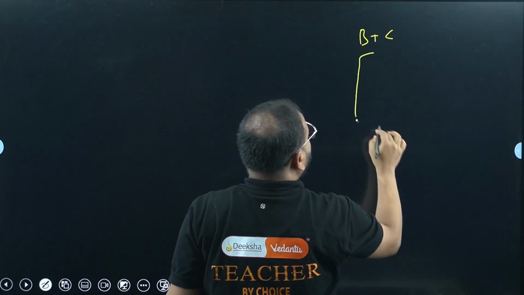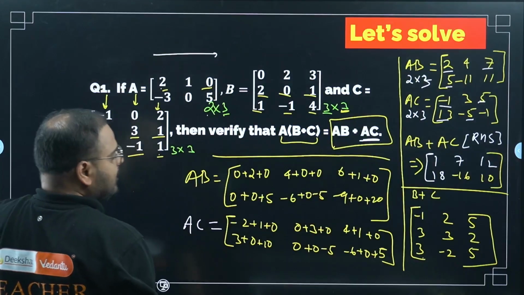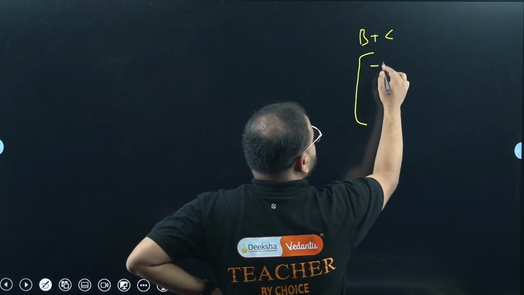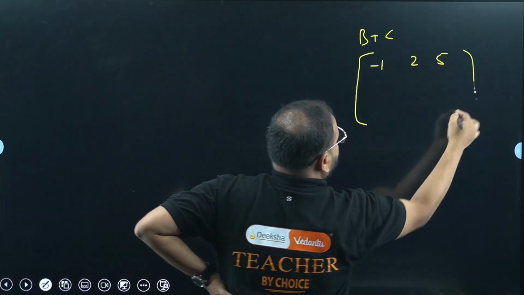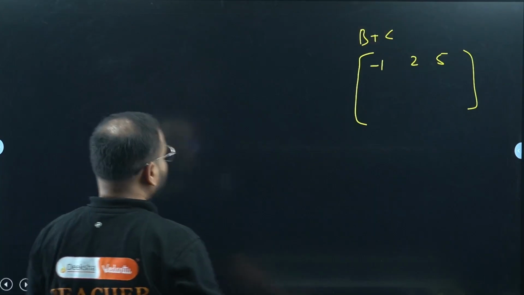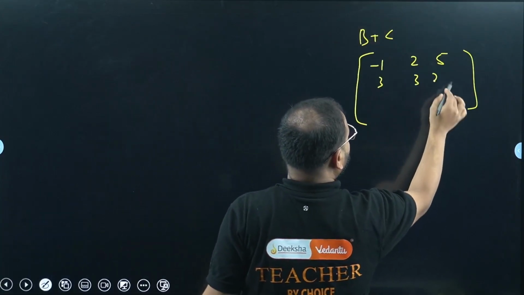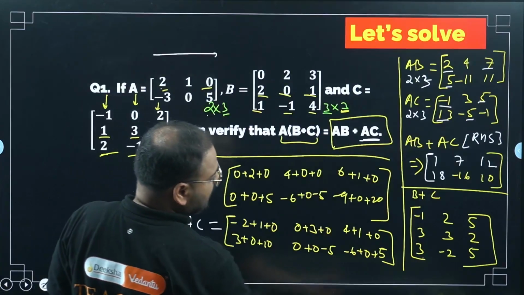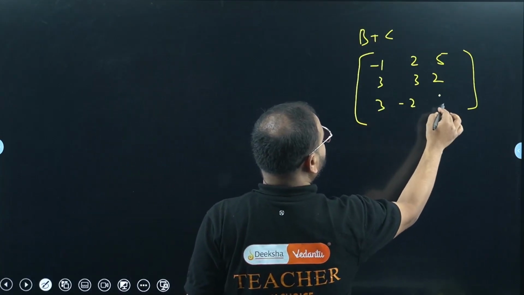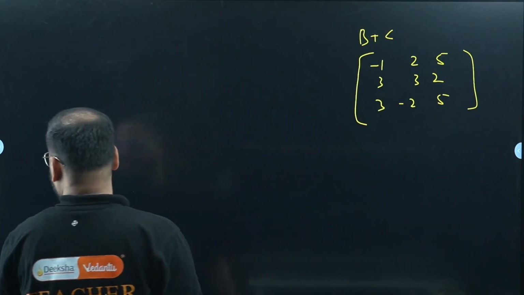What is the matrix looking like? 3 cross 3. Let me write the answer quickly. Minus 1, 2, 5. First row, 3, 3, 2. Next, 3, minus 2, 5. What else do we need?